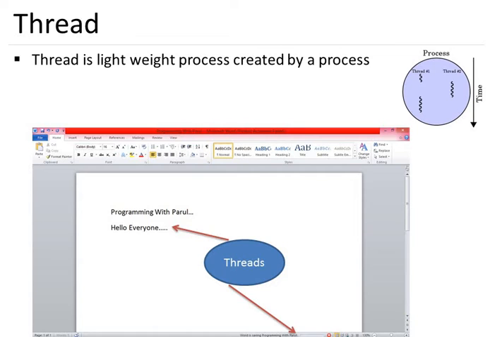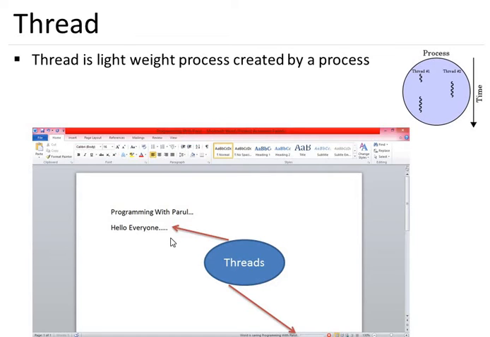Another thread may be dealing with printing of this document. So you can see whenever you think that you are performing a single process, actually inside this process there are multiple threads running, and they are performing these tasks.